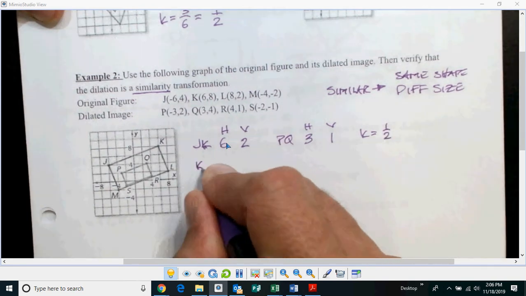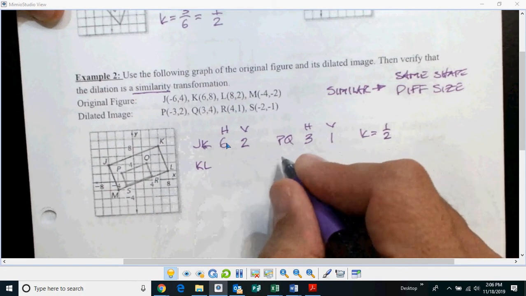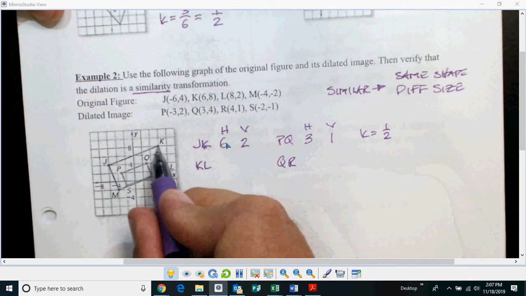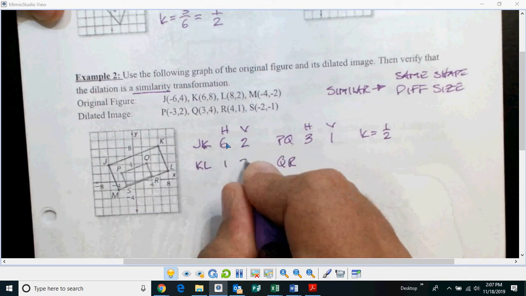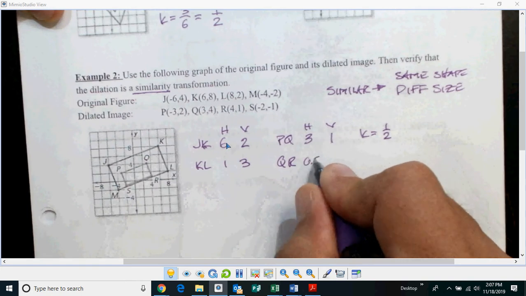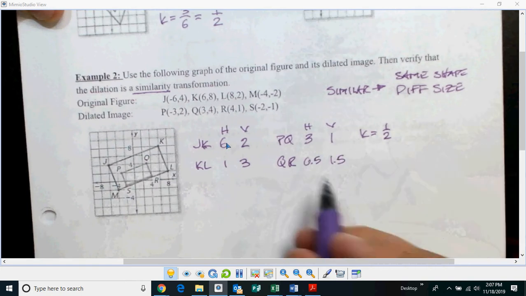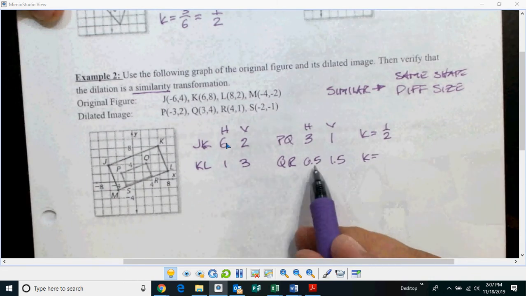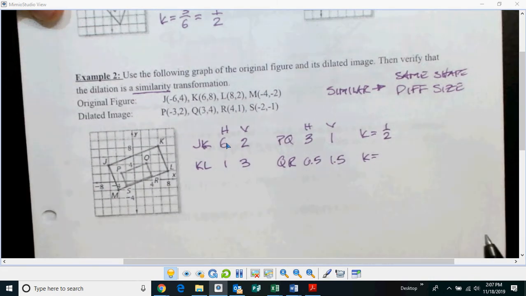Alright? So now I'm going to do the same thing for KL and for QR. KL goes 1 and 3. QR goes 1/2 and 1.5. So what's the ratio between those two? 1/2 to 1 and 1.5 to 3, that's 1/2. 1/2 also.